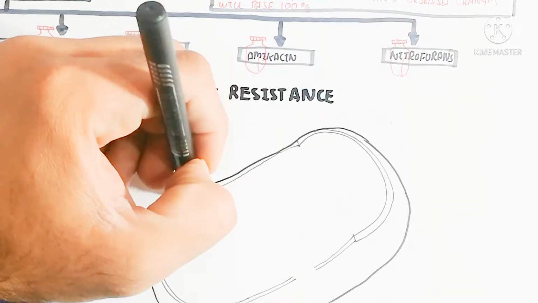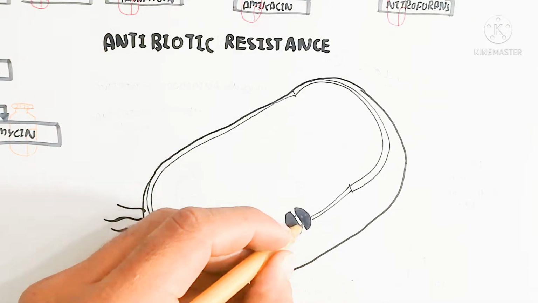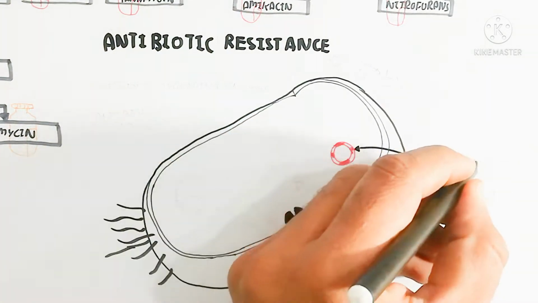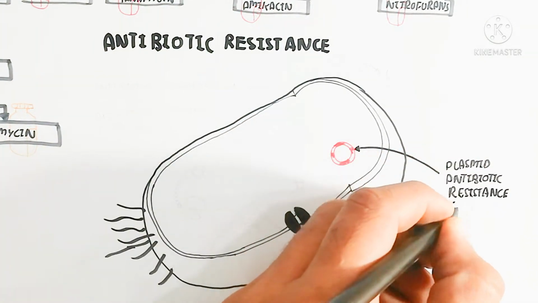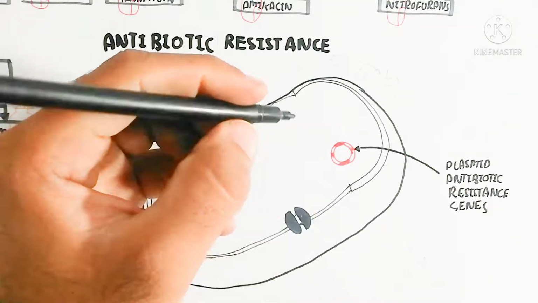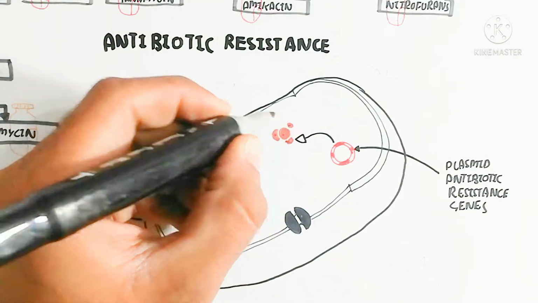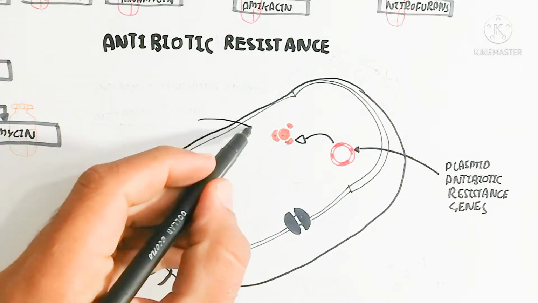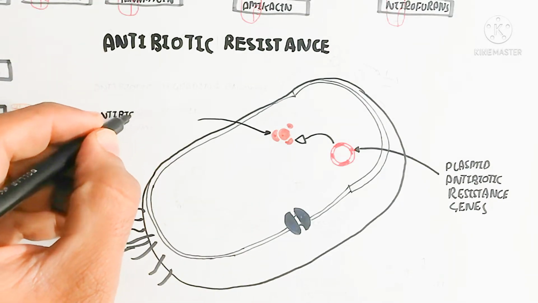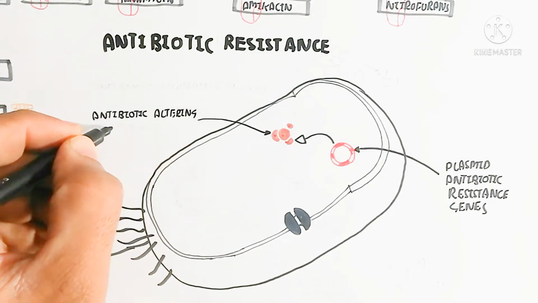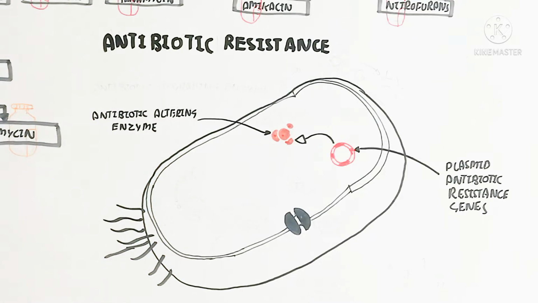Now we will discuss antibiotic resistance first. Here you can see the bacteria contains a plasmid. A plasmid is DNA containing antibiotic resistance genes. This is a very small circular DNA which produces antibiotic resistance proteins, for example an antibiotic altering enzyme which converts the antibiotic into another form, while here is after the conversion.